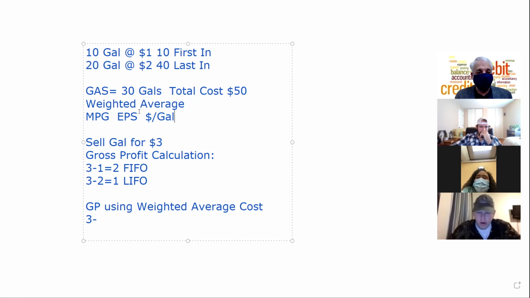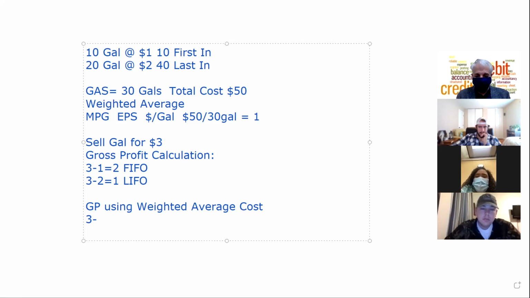So I'm going to put the dollars in the numerator, my $50, and the number of total gallons I bought in the denominator. If I drop the zeros on the end, I drive 3 into 5. 3 into 5 gives me 1.6666 repeating, or $1.67 average cost.